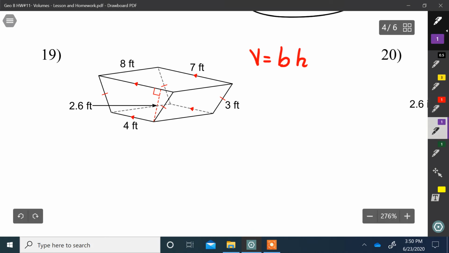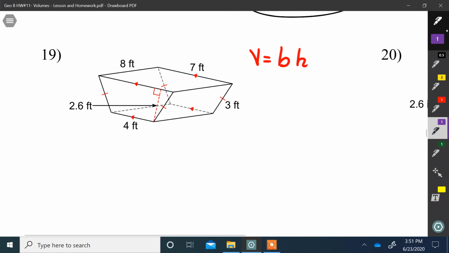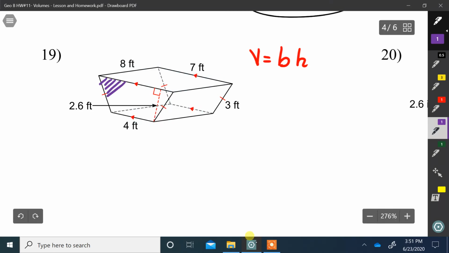Now, what will be considered the base in here? Well, the base in this one is not this one, because then we would have two different bases, and you don't want to have two different bases. The base for this one is actually the trapezoid.